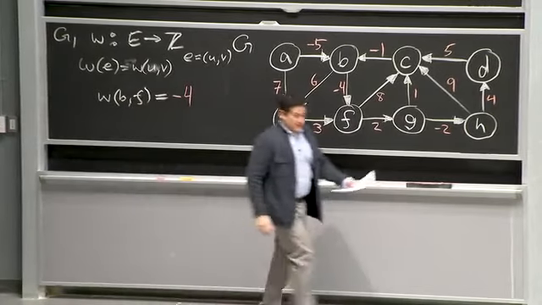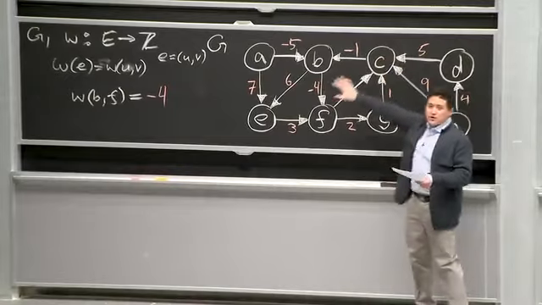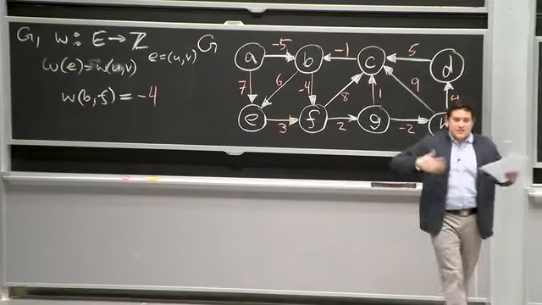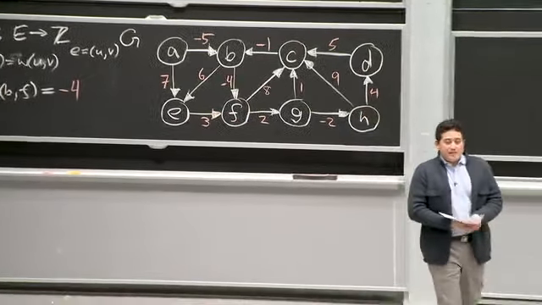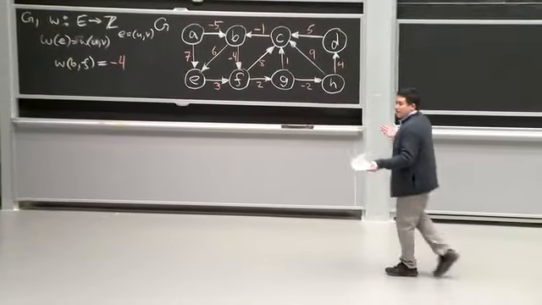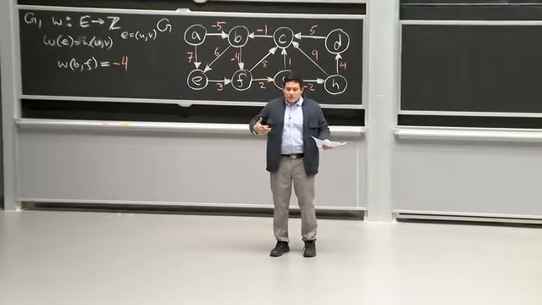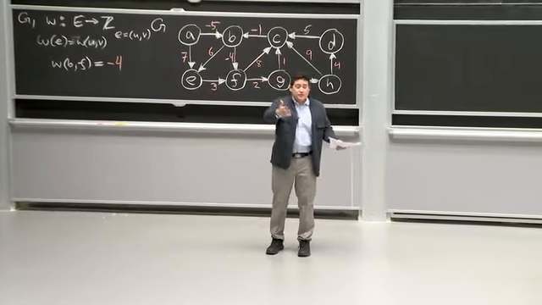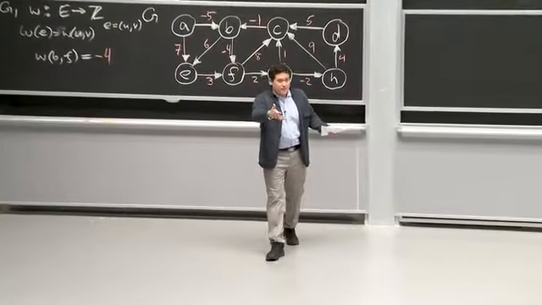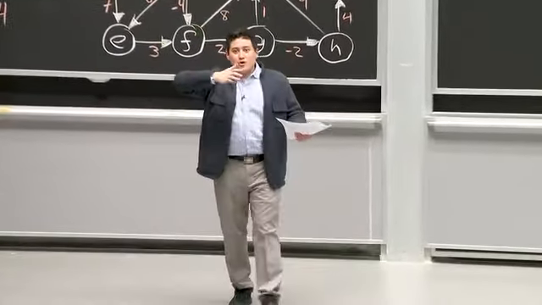All right, so why do we care about adding weights to our graph? Well, this comes up a lot in many applications. For example, distances in a road network. If I have a road from Mass Ave in front of MIT to Central Square, we might think of that as one road.